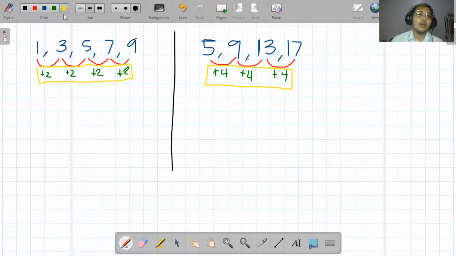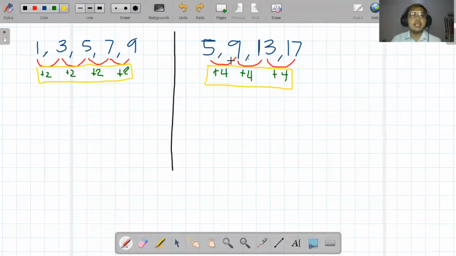We got 3 because we added 2 to 1. We got 5 because we added 2 to 3. So it means we get the next term by adding the same number to the previous term.